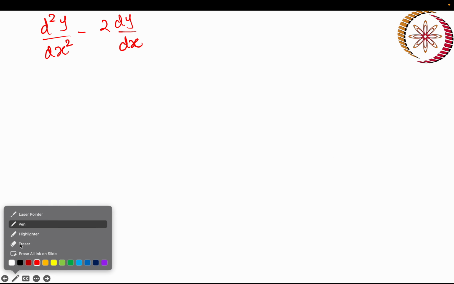So d square minus 2d minus 3 times y, or you can say y equal to e raised to dz. Whatever notation, either one is fine. Is equal to 4 e raised to z.